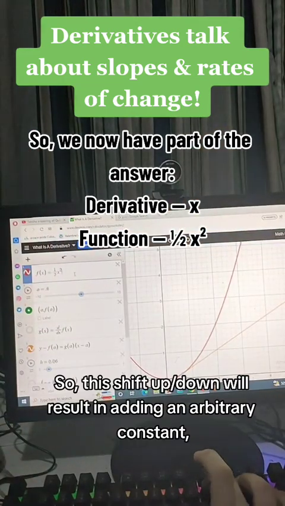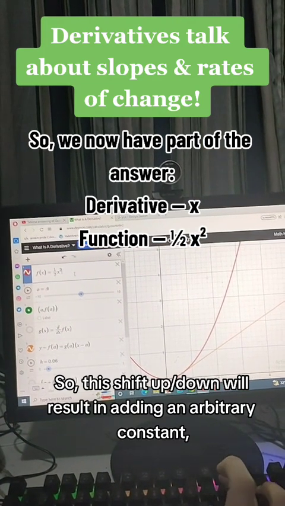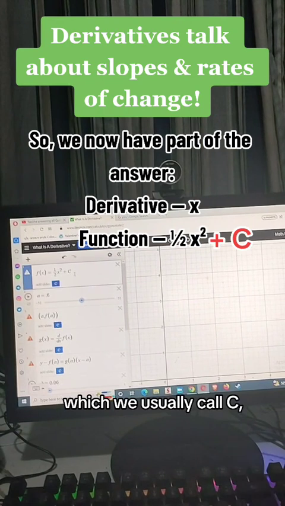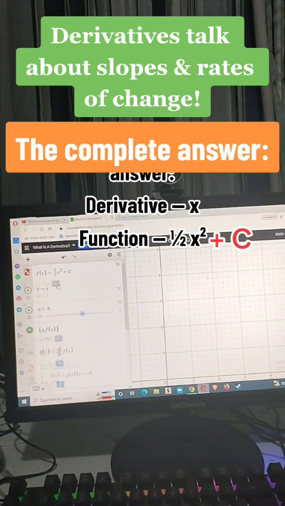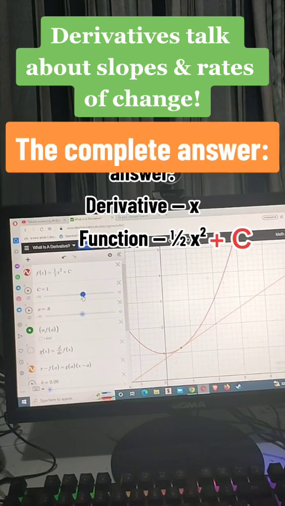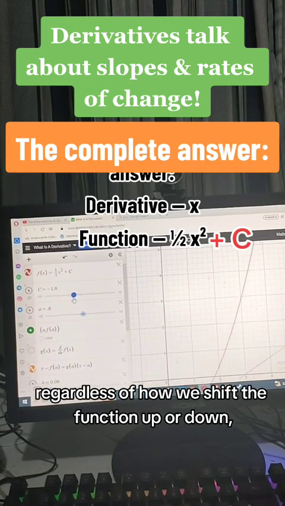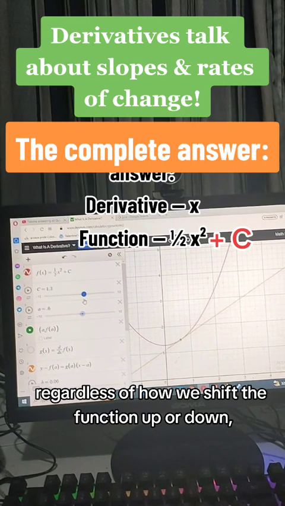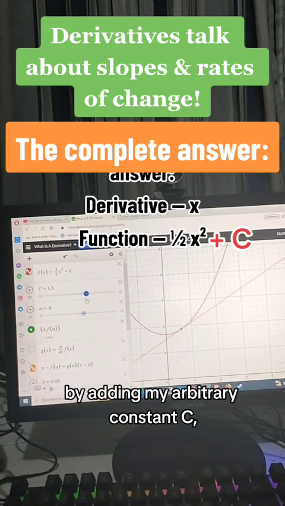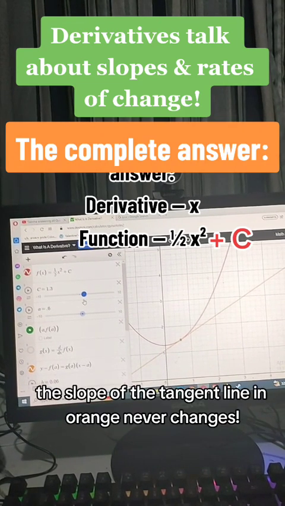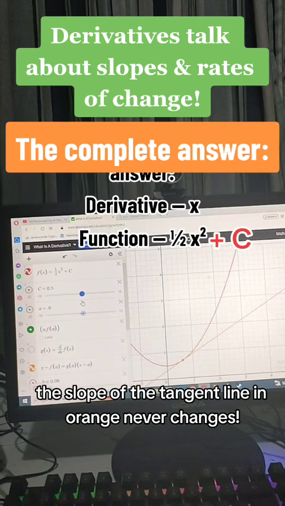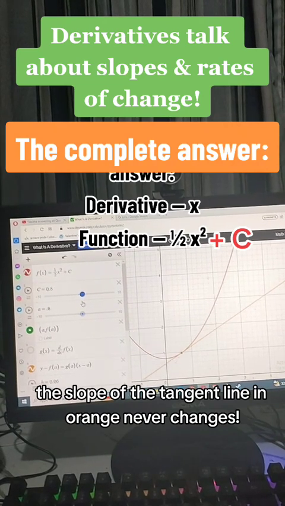So, this will result in adding an arbitrary constant, which we usually call c, to our new function. As you could see, regardless of how we shift the function up or down by adding my arbitrary constant c, the slope of the tangent line in orange never changes.